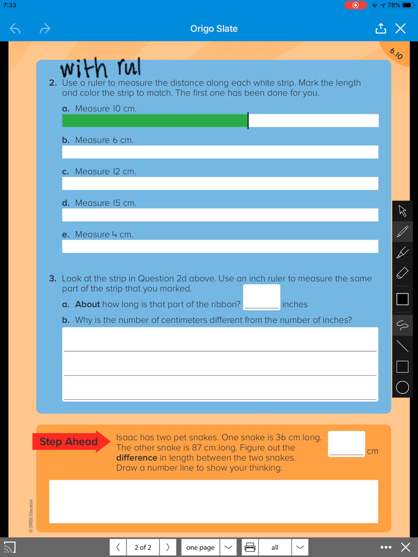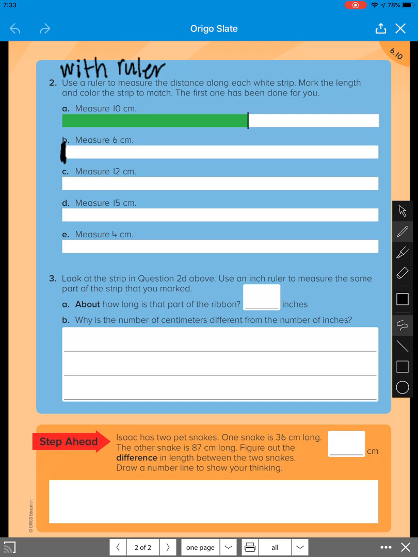So you can either print out the one that I provide or use one around your home. And you're just going to measure out. Remember, you're always going to start right here. This is your starting point. Then you're going to line up your ruler here and measure out how long 6 centimeters are on your ruler. And then you'll do the same thing over and over again, and you'll color whenever at the ending mark.